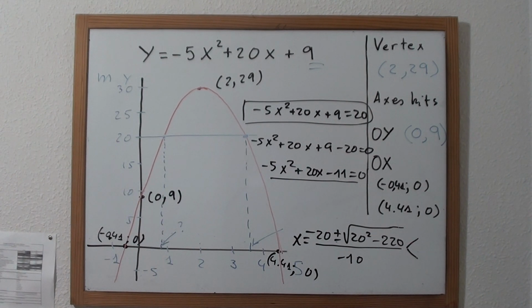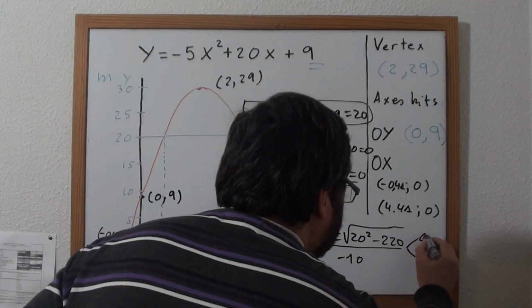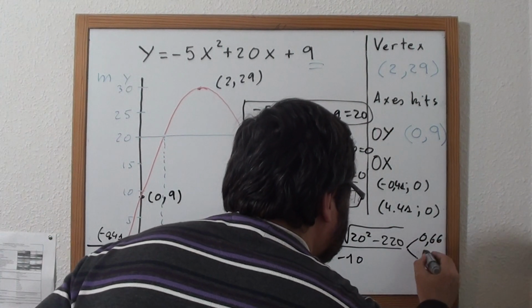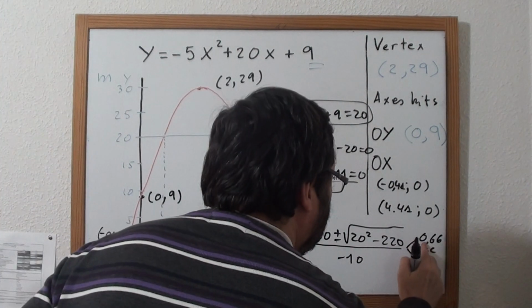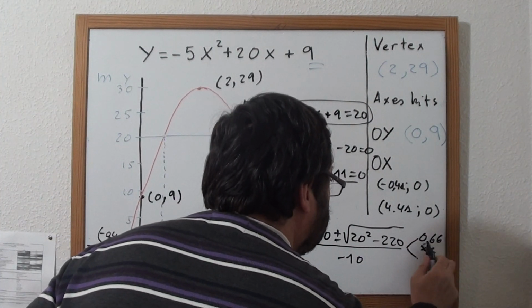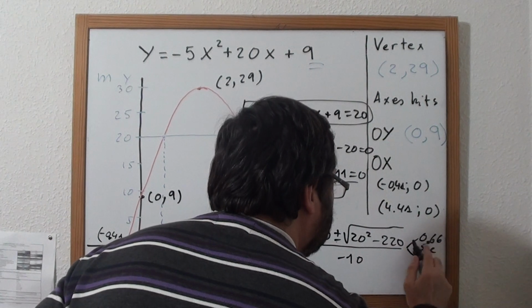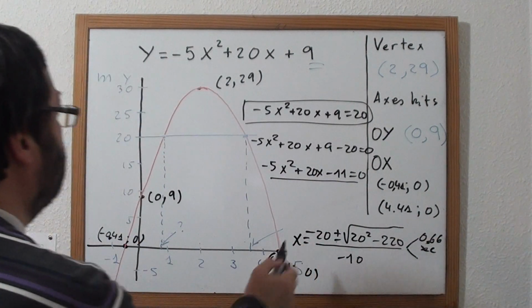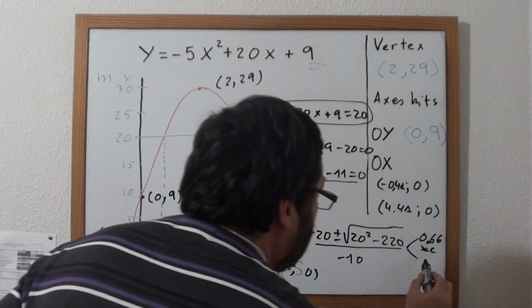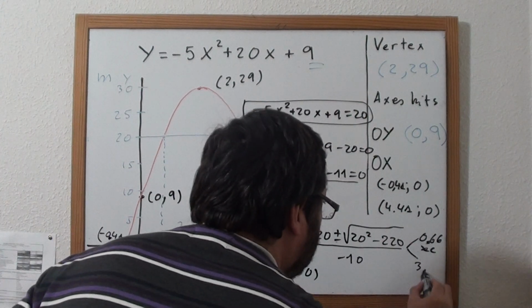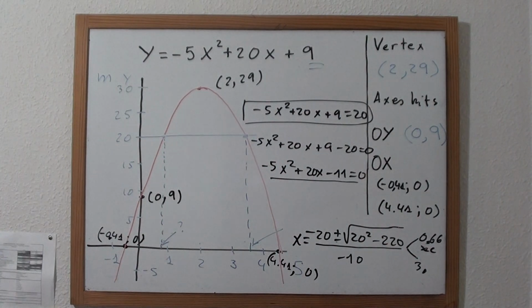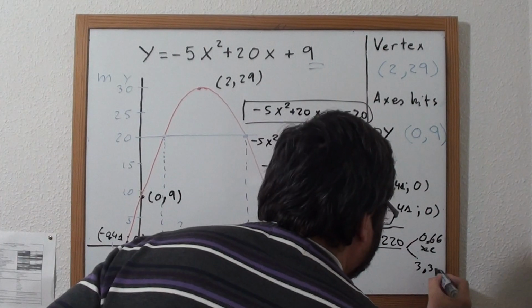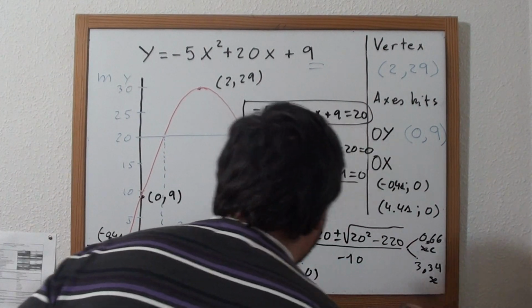0.66 and 3.34. 0.66, of course, seconds, because we are talking about the x, which was time, and 3.34 seconds.